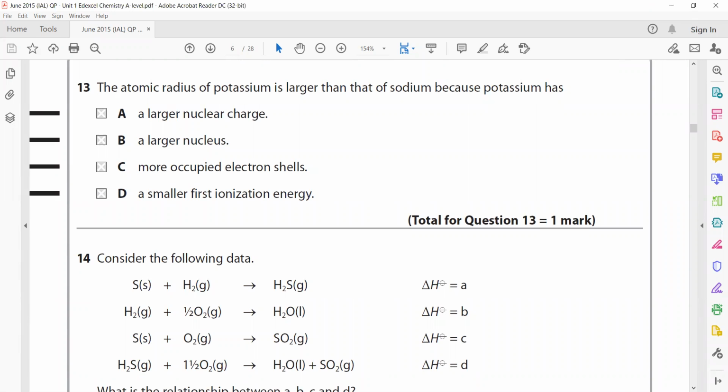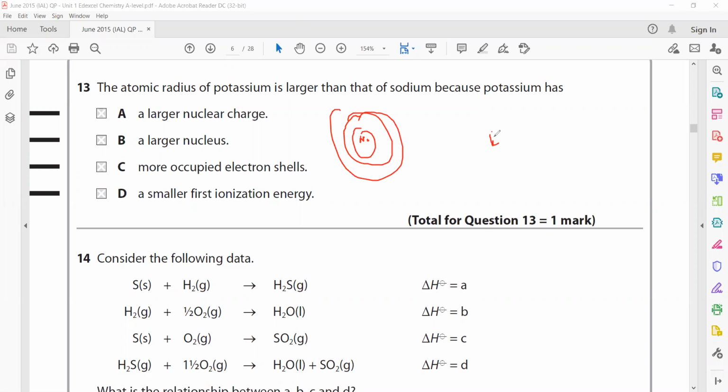Question 13. The atomic radius of potassium is larger than that of sodium, because potassium has... So what is the reason why the atomic radius is greater for potassium? When we check sodium: first shell 2 electrons, second shell 8, third shell 1.